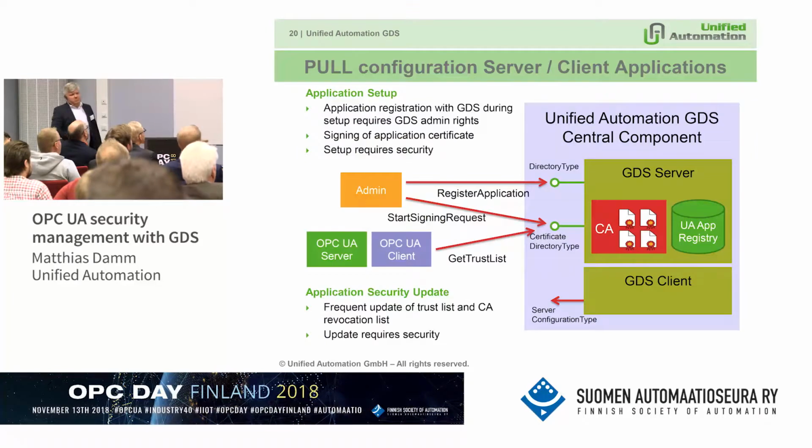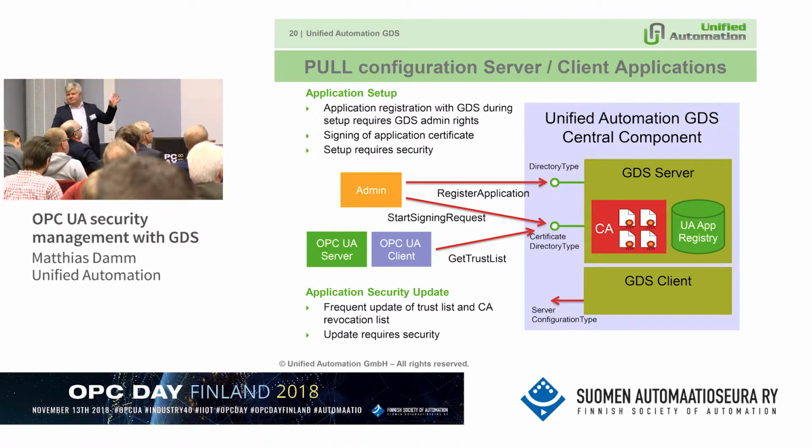So one use case is the pull configuration model. In this case, you use an administrative tool of the application. For a client, it's typically some configuration GUI as part of the certificate management of the client. For the server side, it would also be possible to use the application that is shipped with the GDS to register the server. But if you don't have the push model in the server, you still need a way to update the certificate.